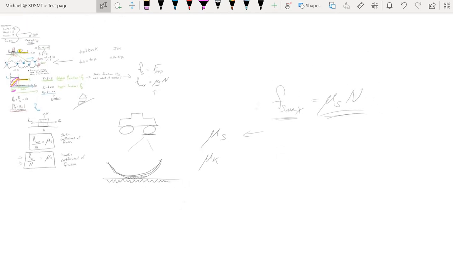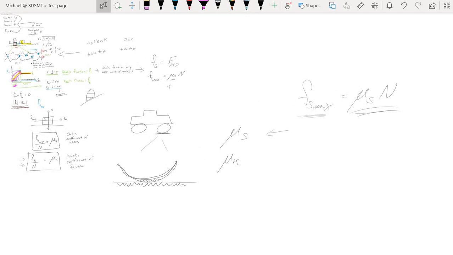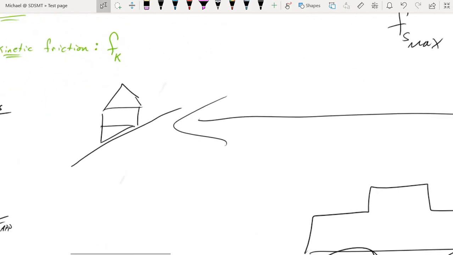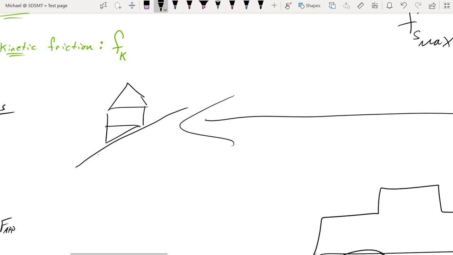You may end up in a situation in the future where you need to figure out what might be the breaking point in terms of the static friction, like when you build a house on a hillside. Is there enough friction to basically hold the foundation in place?